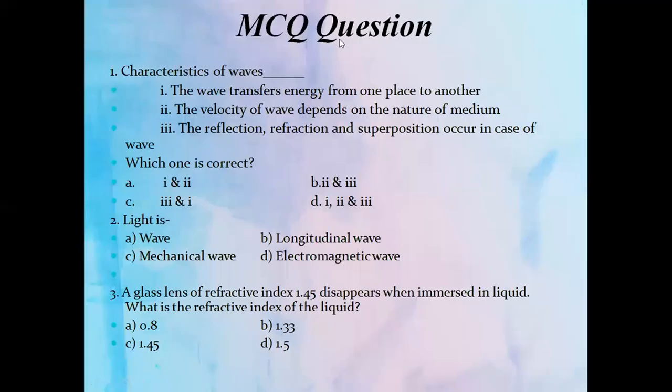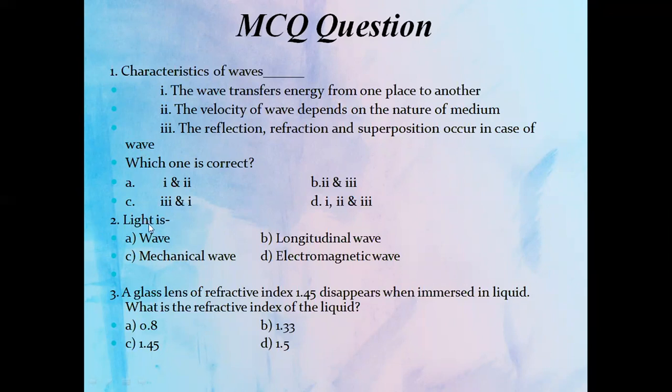Now I give you some MCQ questions. Characteristics of waves: the waves transfer energy from one place to another. The velocity of the wave depends on the nature of the medium. Reflection, refraction, and superposition occur in the case of waves. And I show you the options.